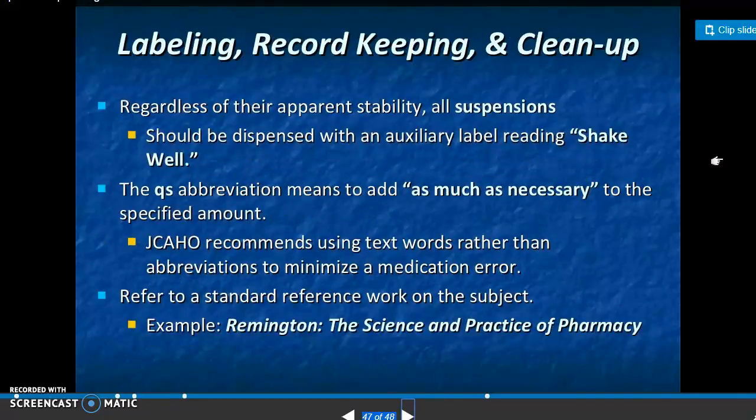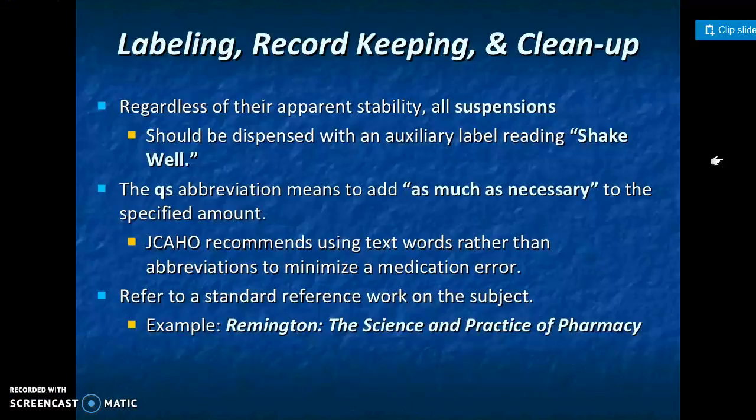So again, continuing on with the labeling, record keeping, and cleanup, regardless of the appearance of stability, all suspensions should be dispensed with the auxiliary label, shake well. The QS abbreviation means to add as much as necessary to a specific amount.